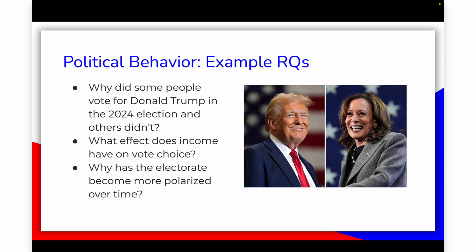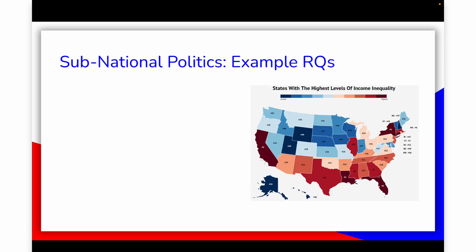And here's a really broad one, but is really important. Why has the electorate become more polarized over time? These are all about people's political behaviors, their attitudes, how did they vote for something, their ideology, that kind of thing. And these are completely appropriate. And if this is maybe in the vein of something you're interested in, this would be a completely appropriate topic.